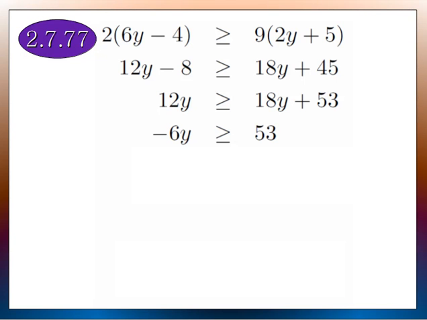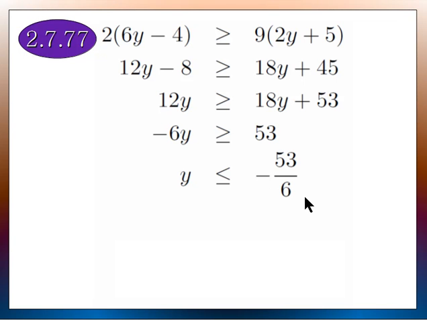So I'm just going to leave that as a fraction, 53 over 6. And since I divided by a negative, this inequality, greater than or equal to, turns around. This side changes sign, and the inequality changes sign too because it turns around. And then I have this inequality, y is less than or equal to negative 53 over 6.